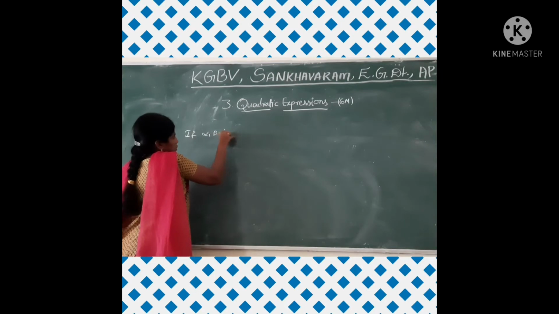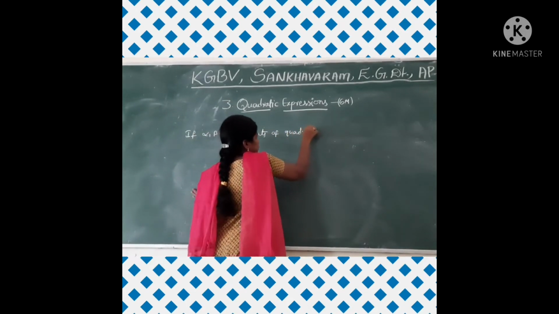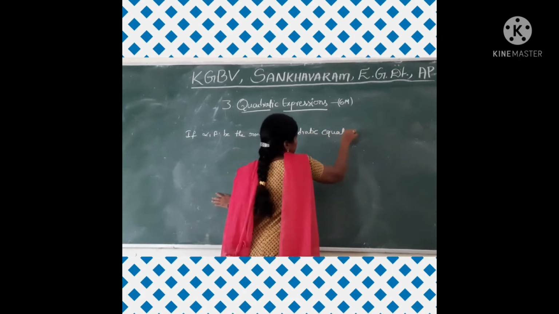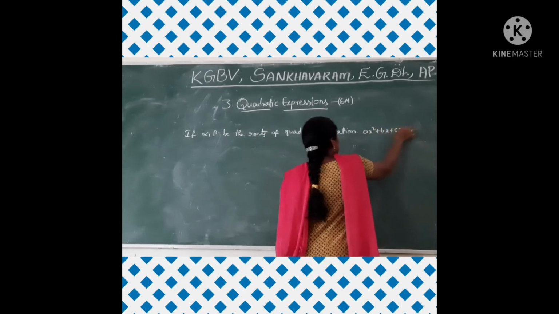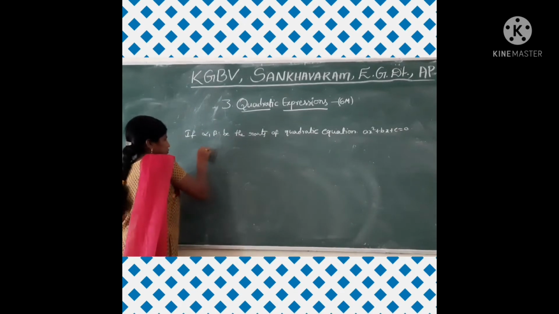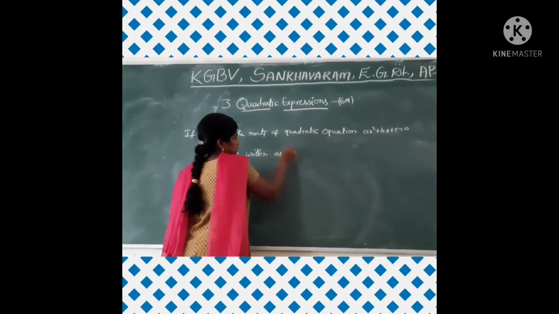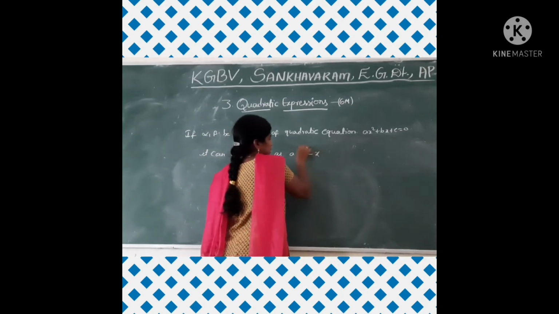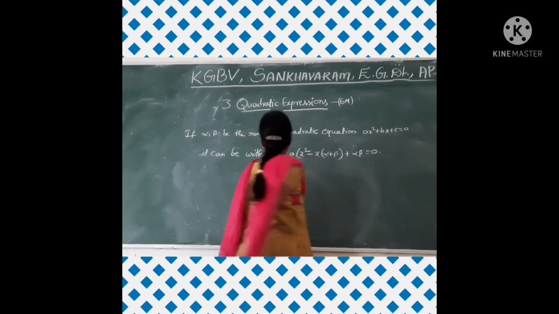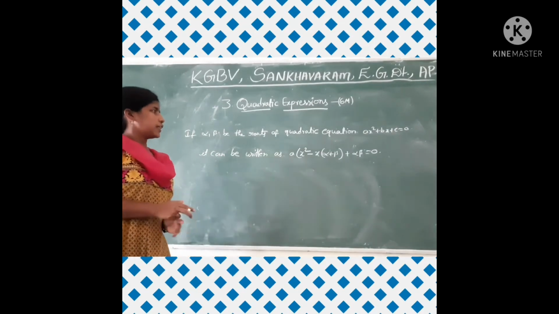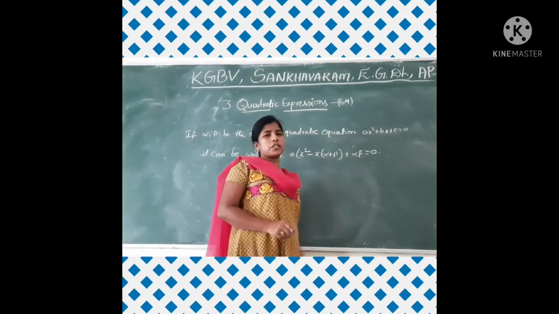If alpha and beta are the roots of the quadratic equation ax square plus bx plus c is equal to 0, it can be written as a into x square minus x into alpha plus beta, plus alpha beta, is equal to 0.